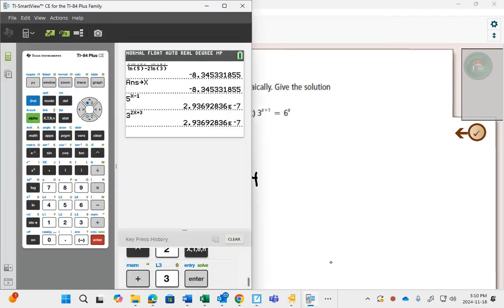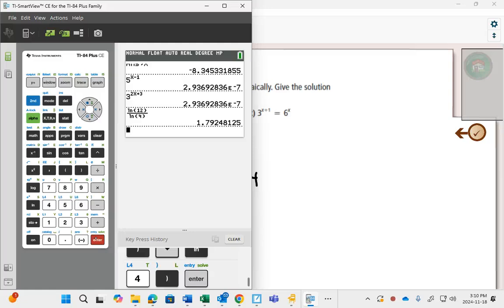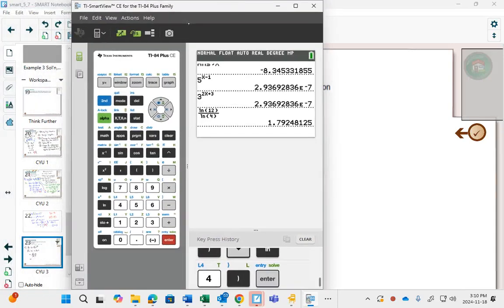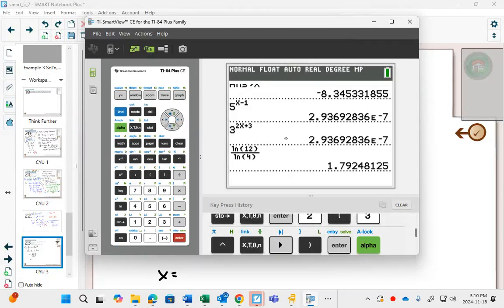Go to my calculator. Natural log of 12 divided by natural log of 4. 1.792. There we go.